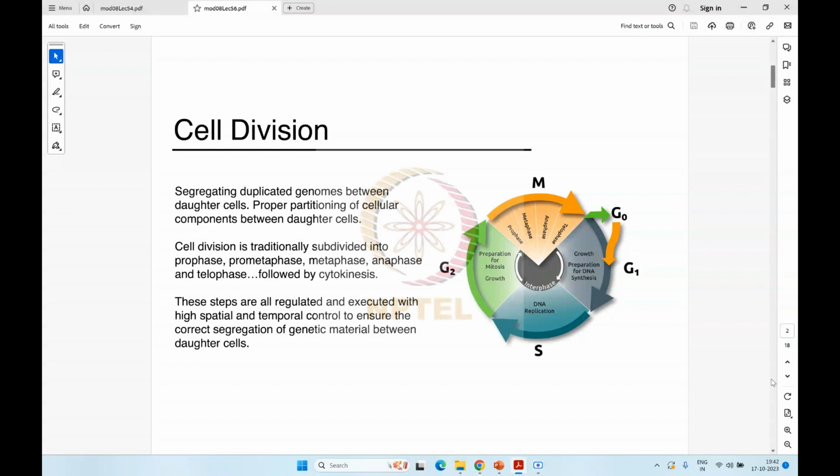That kind of unequal division can happen, but cell division might also result in formation of two completely identical cells. These two cells will also have similar genomes because they arose from one mother cell, so to speak.